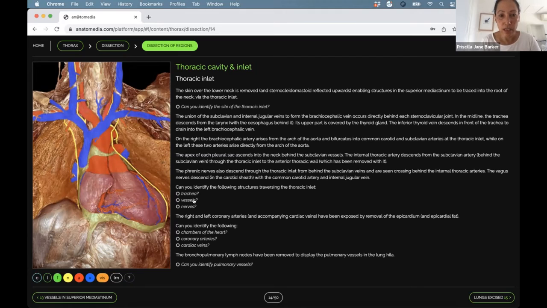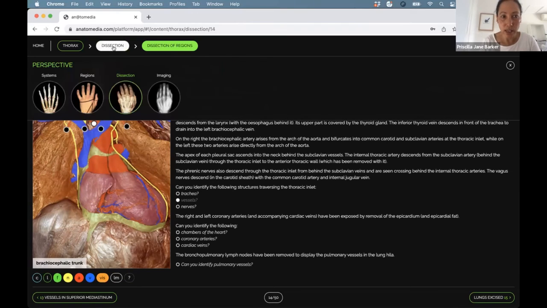there's not many short answer style questions in dissection. They tend to mainly be in those theoretical perspectives.